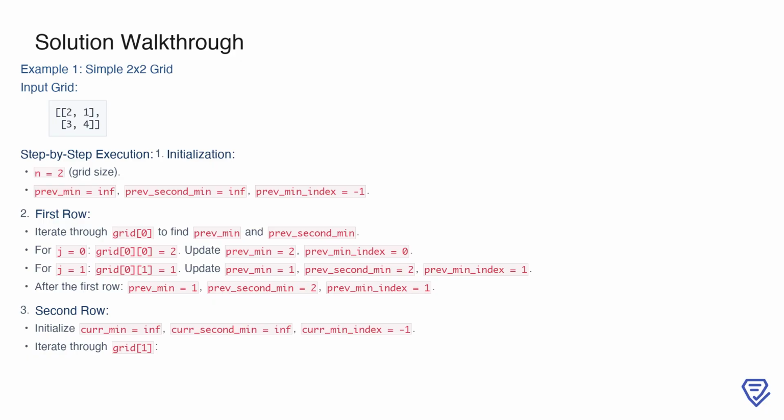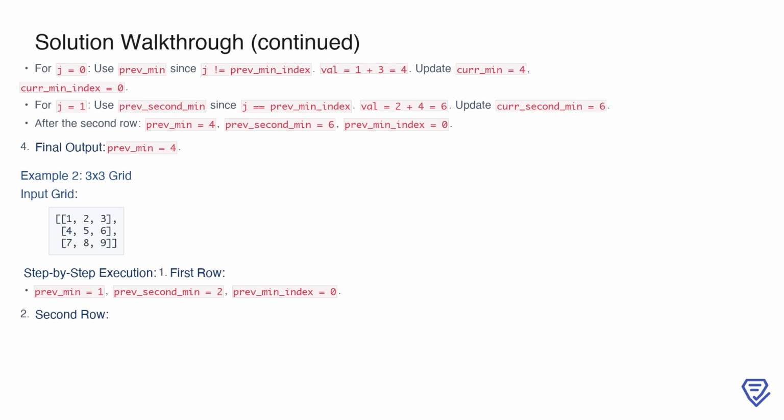Now, for the second row, we reinitialize variables for the current row: cur_min, cur_second_min, and cur_min_index, all starting as infinity or -1. We begin iterating through the second row next. For the first element in the second row, which is 3, we add prev_min to it since its column index is different from prev_min_index.